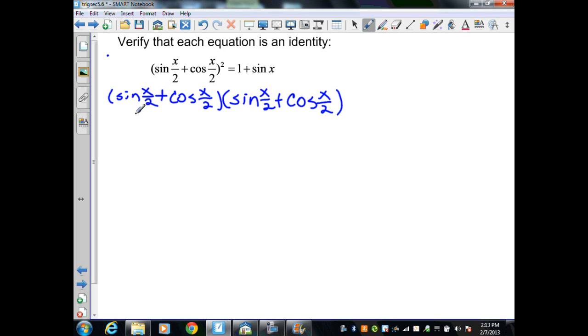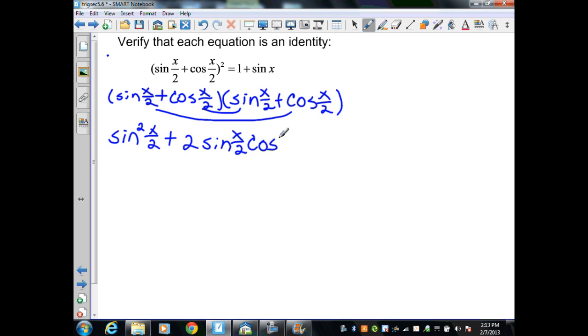So let's FOIL this. That gives me sine squared of x over 2 plus sine x over 2 cosine x over 2, plus sine x over 2 cosine x over 2. Combining like terms gives me 2 sine of x over 2 cosine x over 2.